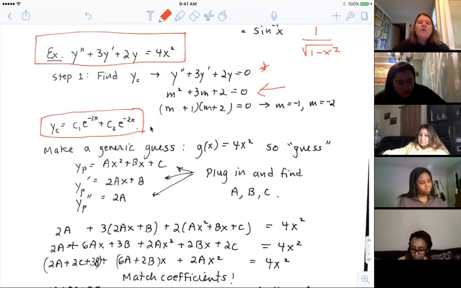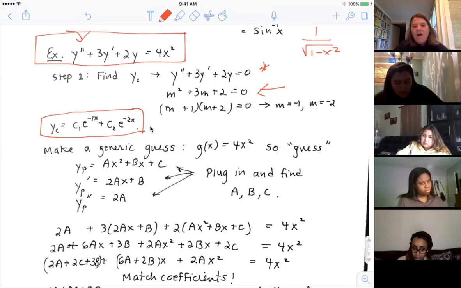Okay. So here's what I'm going to do. If I say that g of x is 4x squared, the guess that I want to make really is that what needs to be plugged into the DE to get that is another polynomial, okay? Because that's the only way I'm going to eventually get a 4x squared out of differentiating all these things on the left-hand side here.